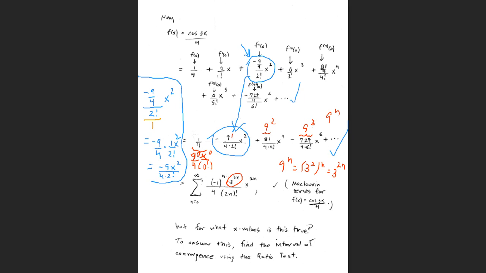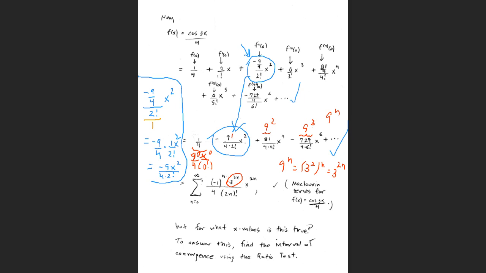So in your homework for section 8.7, like in section 8.6, when you had to come up with a power series, you're given a multiple choice problem: find the power series for this function, and then you have to select the right choice.